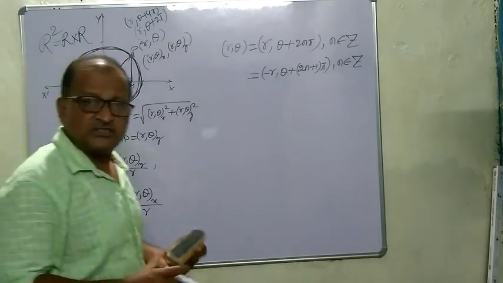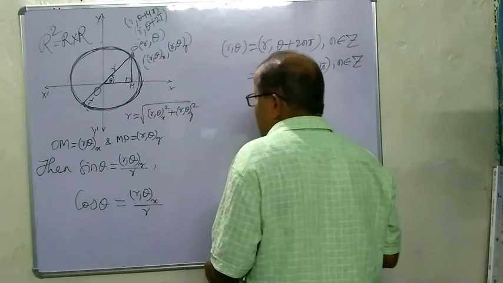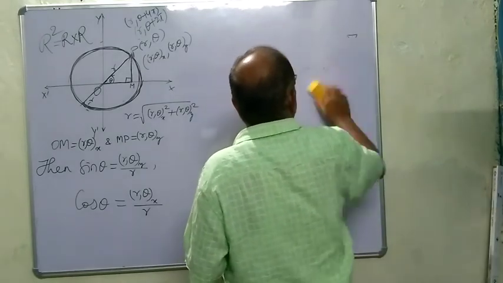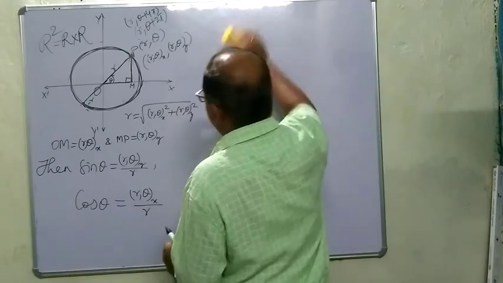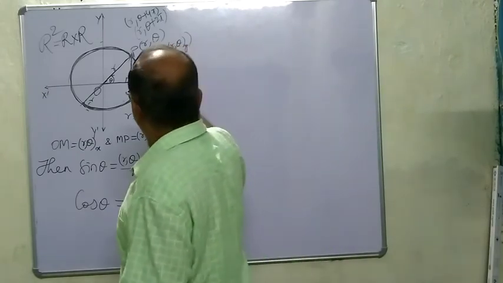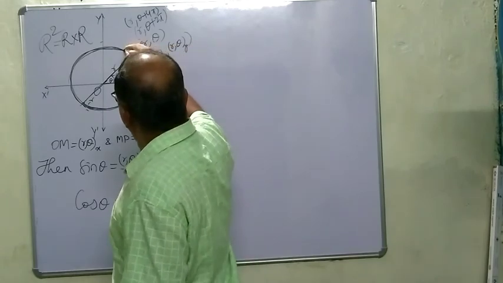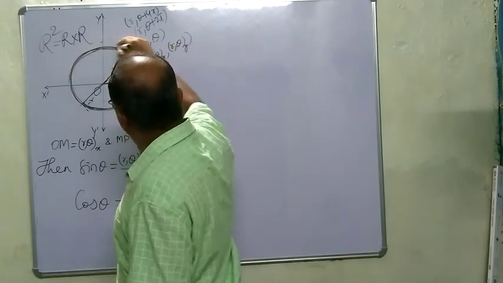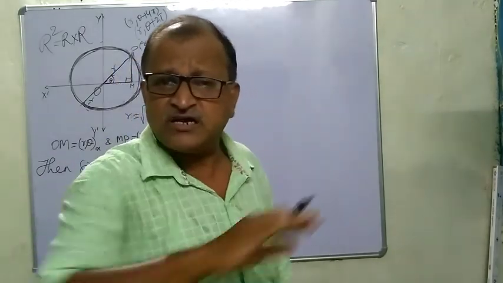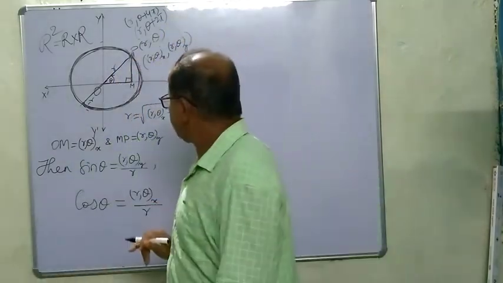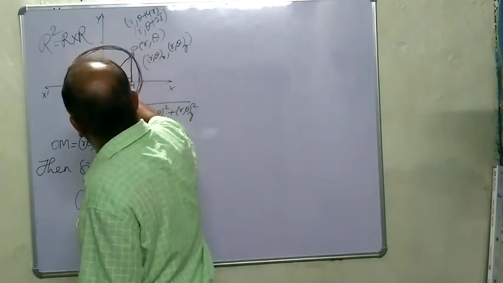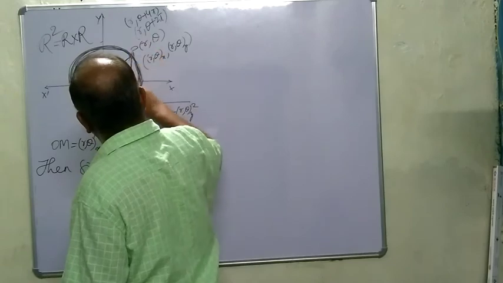Let us discuss at first the domain of the sine function and its range. What is the domain of the sine function? If you vary theta along the set of real numbers, whatever it may be, your point will move on this circle in this way or in this way.